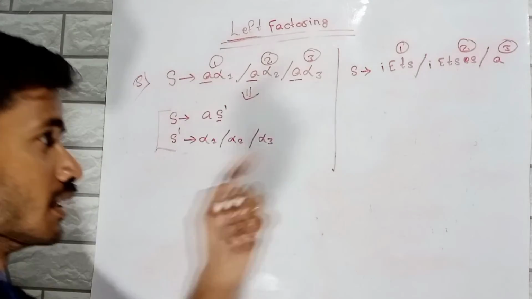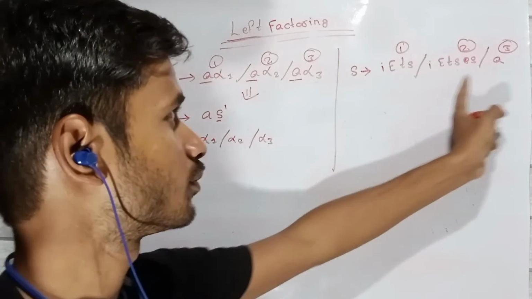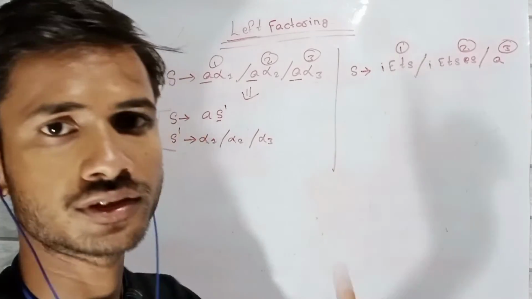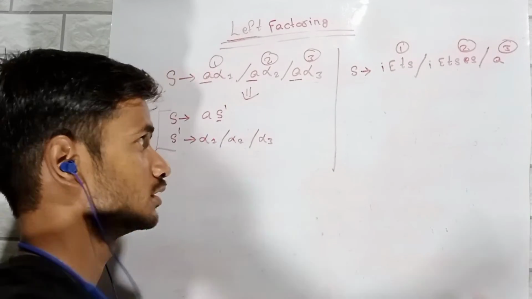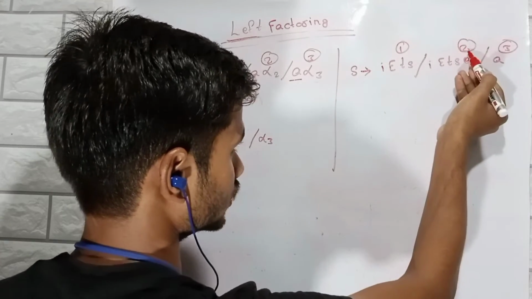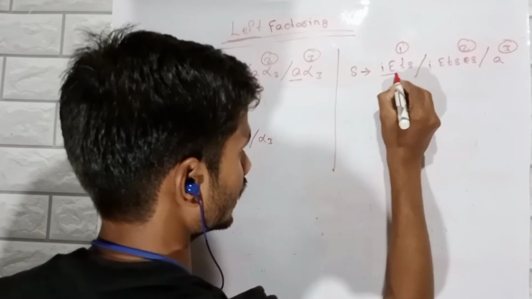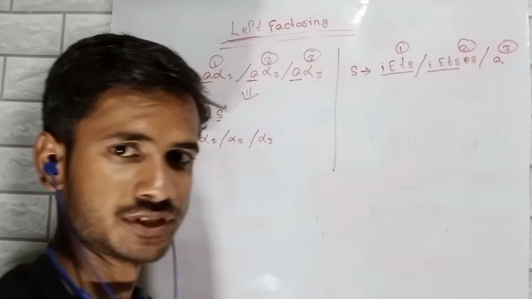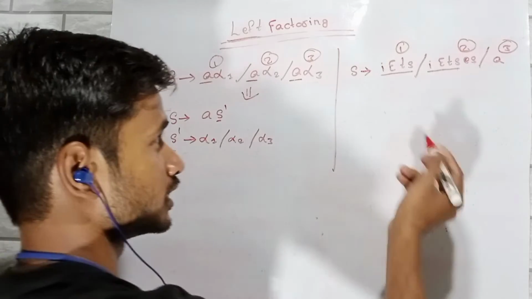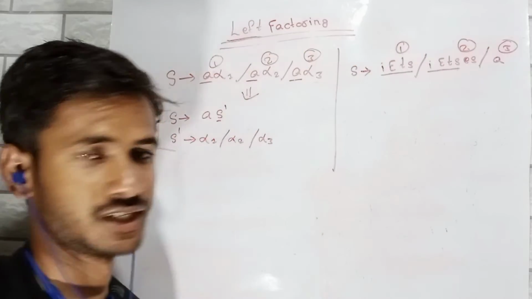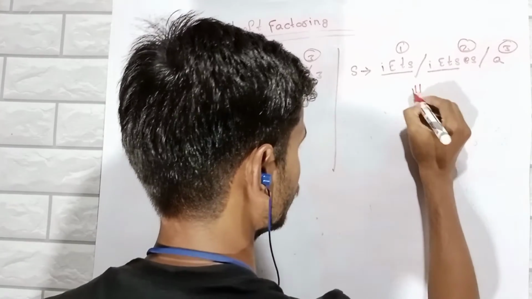Here you can see that in all three productions nothing is common. But looking at only production number 1 and production number 2, the term IETS is present in both. Then we can say that in production number 1 and 2 left factoring is present. So we have to remove this left factoring.